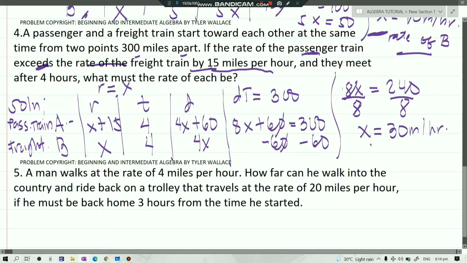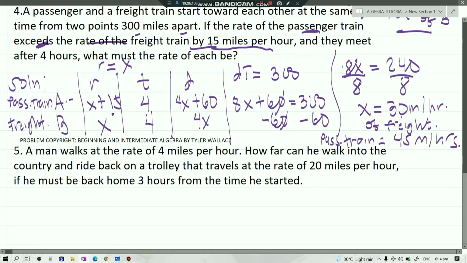So, that will be the rate of freight train. Okay? And to get the rate of passenger train, so that is 45 miles per hour. So, pinag-add si 30, and sabi, ang equation ni rate niya is 30 plus 15. So, we get 45 miles per hour.